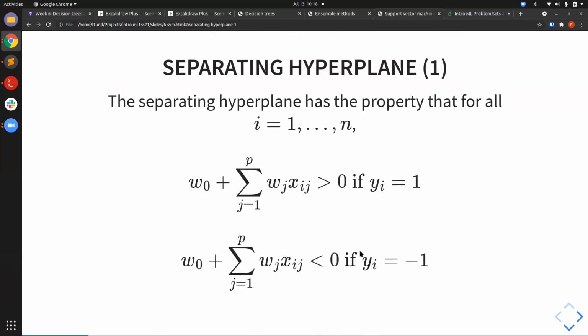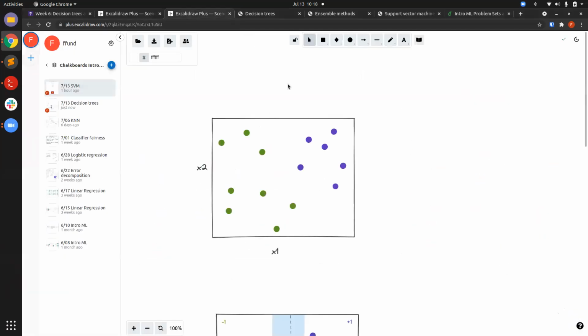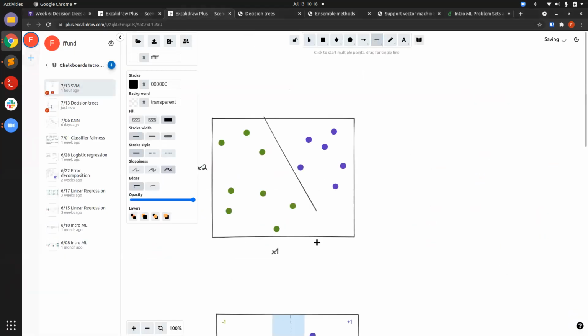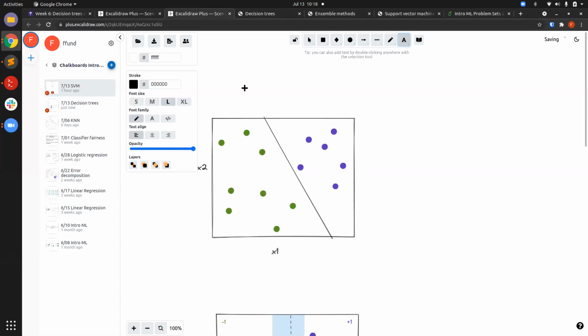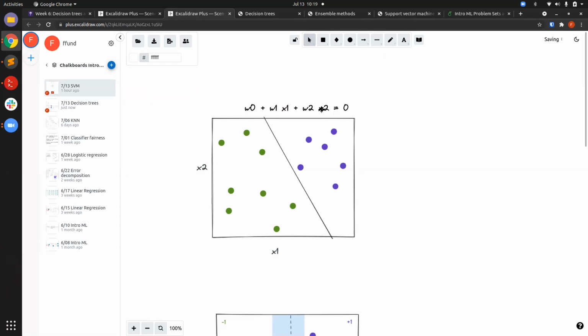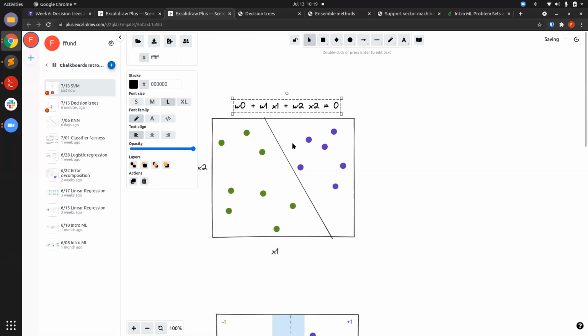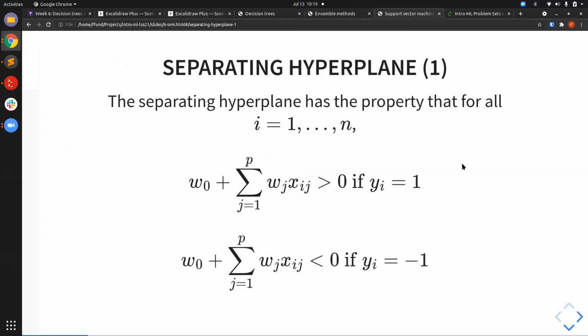And we know that the separating hyperplane has a property that, okay, so let's draw it. Imagine you have the separating hyperplane. It's defined by W0 plus W1 x1 plus W2 x2 equals 0. And we know that all samples on the positive side, meaning where this quantity is greater than 0, have label +1. All samples on the negative side, meaning this quantity is less than 0, have label -1.